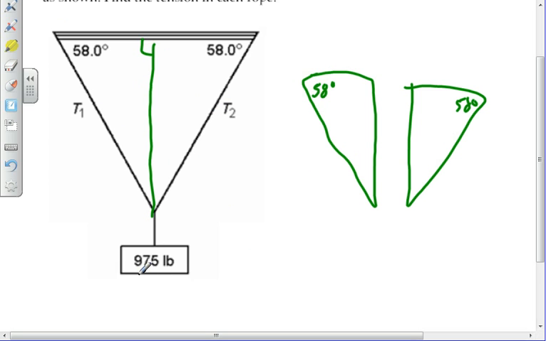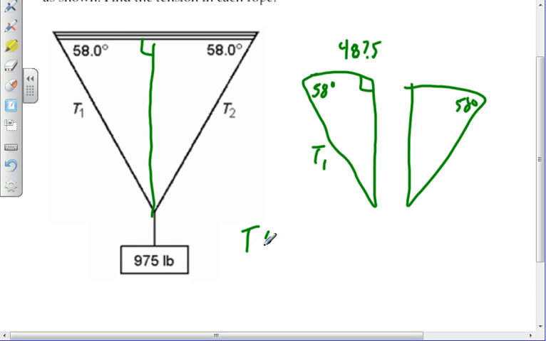What's half of 975? 487.5. All right, 487.5. Okay, well, what do I know? I know one side. I know that's a right triangle. I want to know T1.